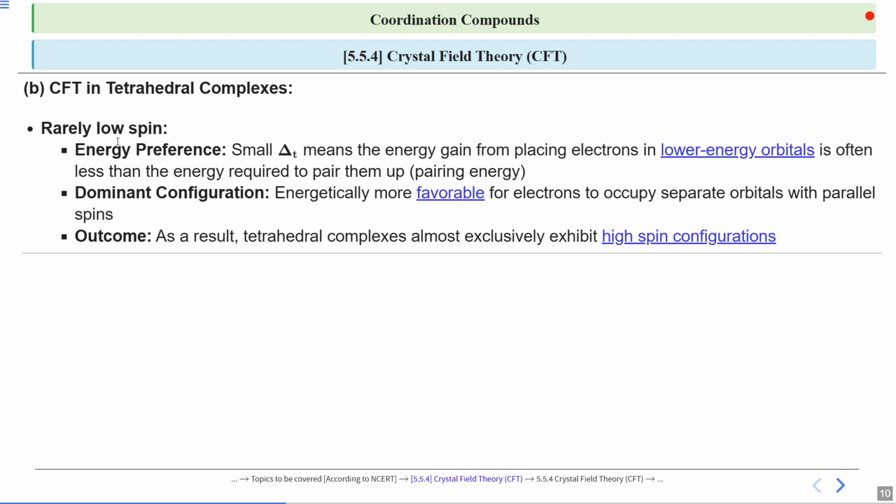So they rarely show low spin configuration due to the energy preference, which is the smaller delta t, because the electrons should go into separate orbitals with parallel spin rather than pairing up. This is going to define their configuration, exclusively high spin. So they rarely show low spin.